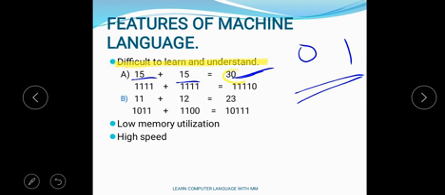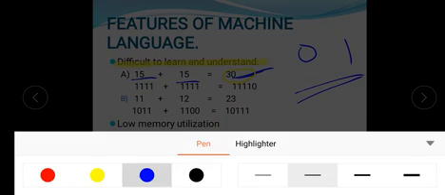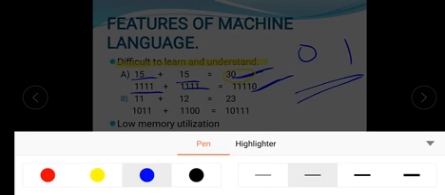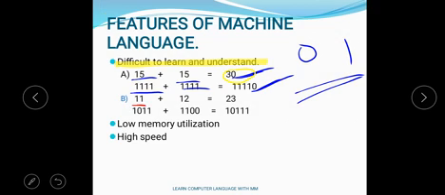But in the case of computer, computer is changing this value into binary numbers. The binary number of 15 is 1111, and it gives 15 plus 15 equals 30. The binary number of 30 is 11110. Likewise, in example B, 11 plus 12 equals 23.